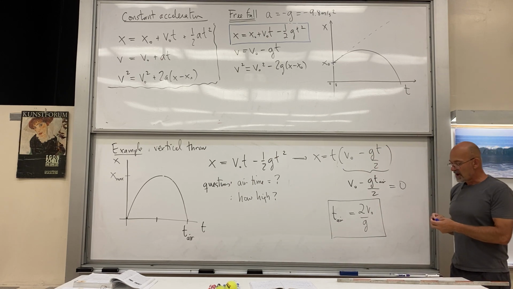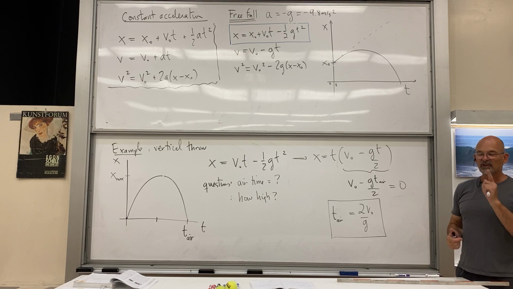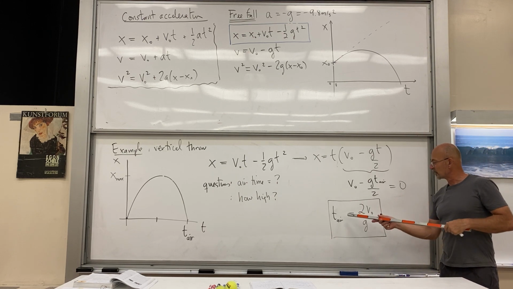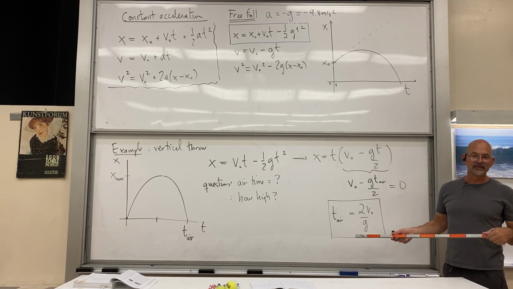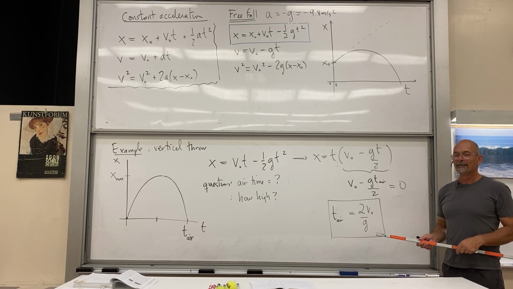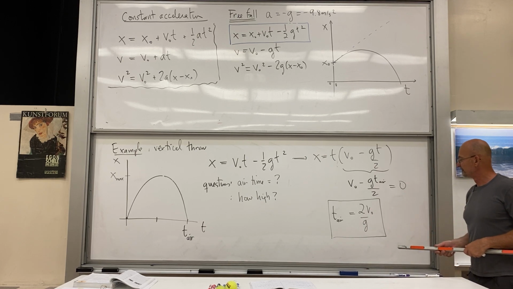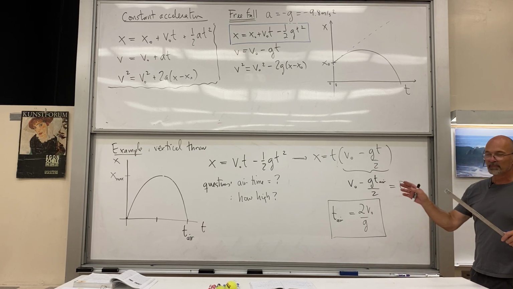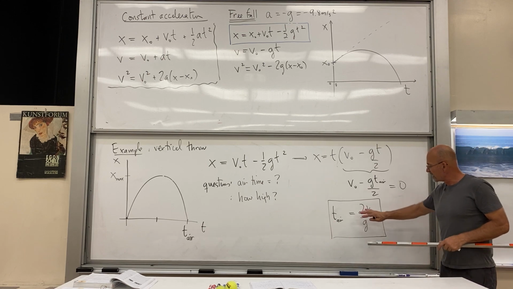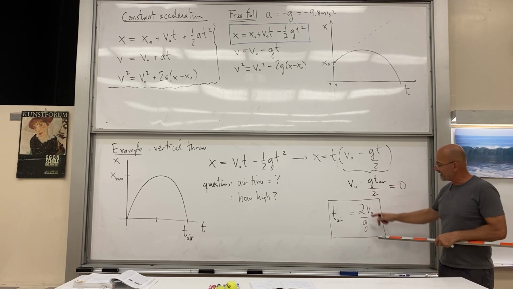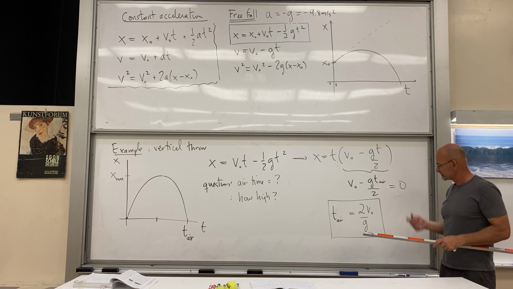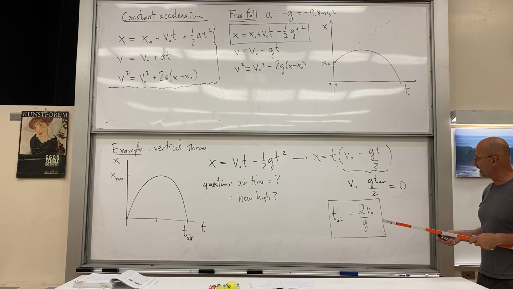Now you'll notice I'm not plugging any numbers in. Beginning students would love for me to plug numbers in, but it's not necessary most of the time, okay? For a particular problem, we would plug numbers in, but you would want to get the answer first and then put some numbers in. So this answer is very interesting.